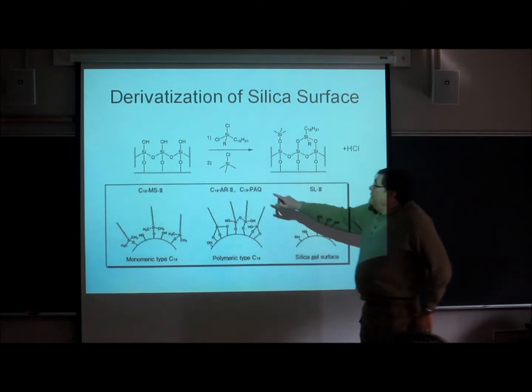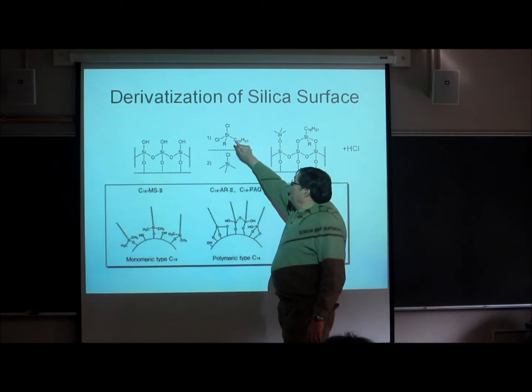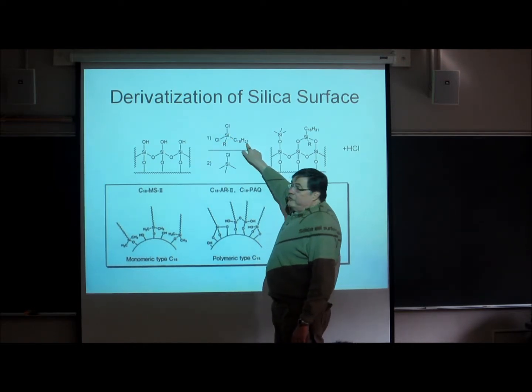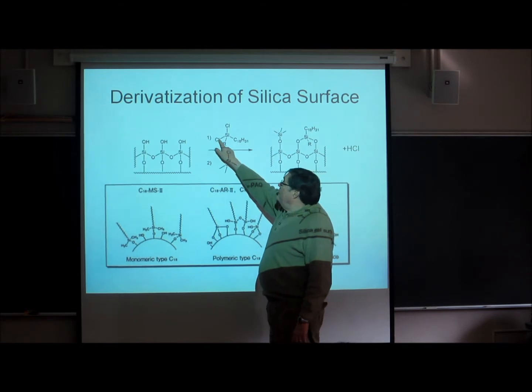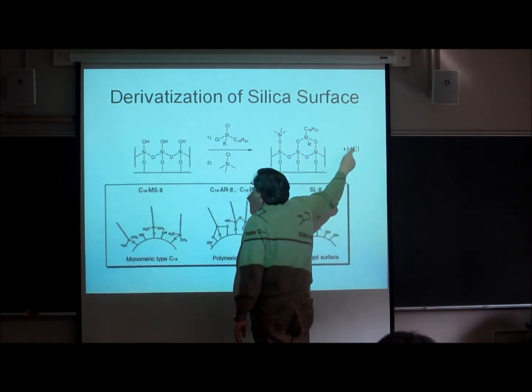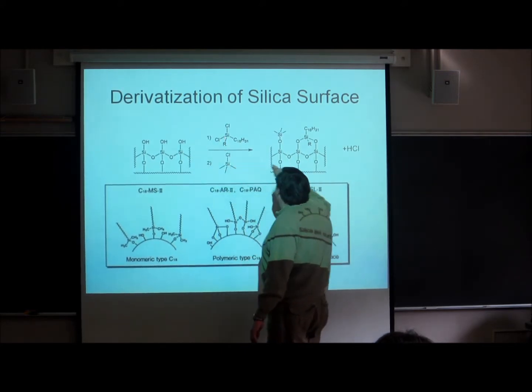We're taking a chlorinated silane, and this is just a general one, but this is probably the most popular one. The most popular agent, though, has another R group up here. Usually these are 2 methyls, and this is a C18 group, and then a chloride. And this reacts with the OH to cut out HCl and leave a silicon-oxygen-silicon bond.